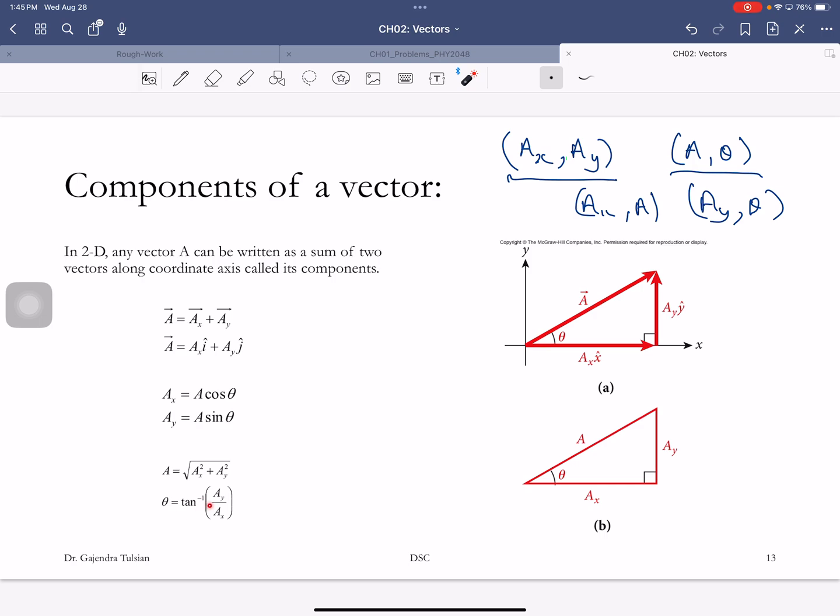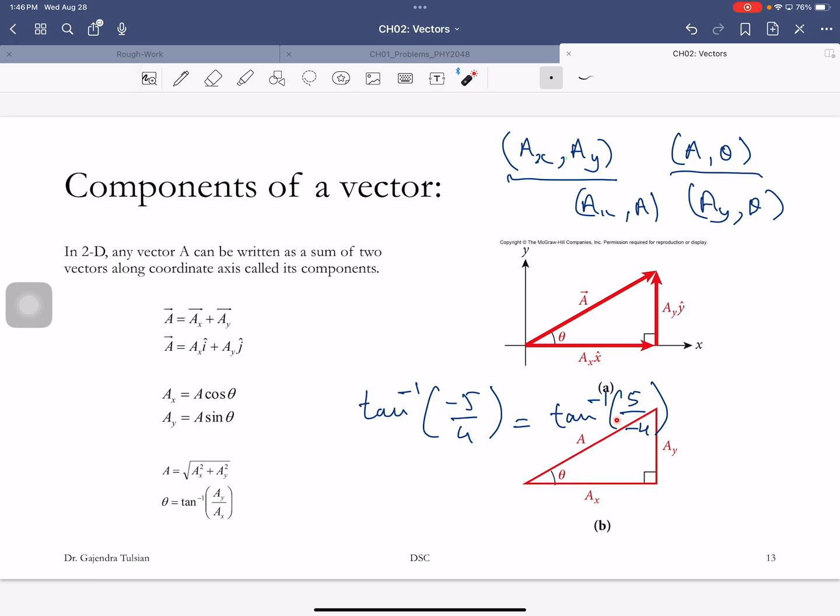Now, this tan inverse function is a multi-valued function. For instance, tan inverse of minus 5 over 4 is equal to tan inverse of 5 over minus 4. You guys see that? That's a negative y component, positive x component. That's a vector in the third quadrant.